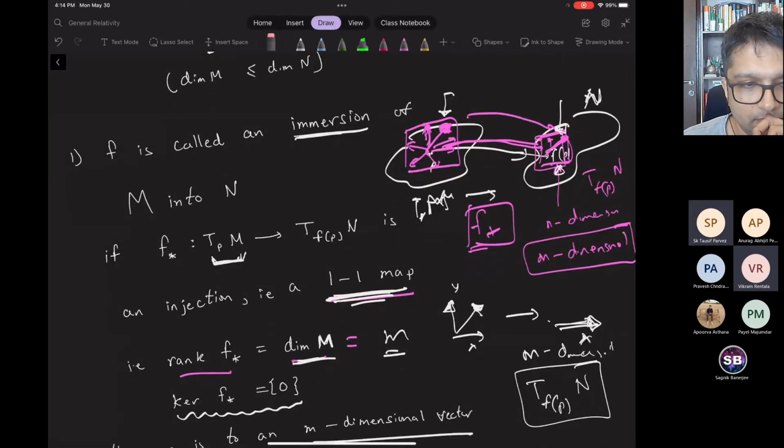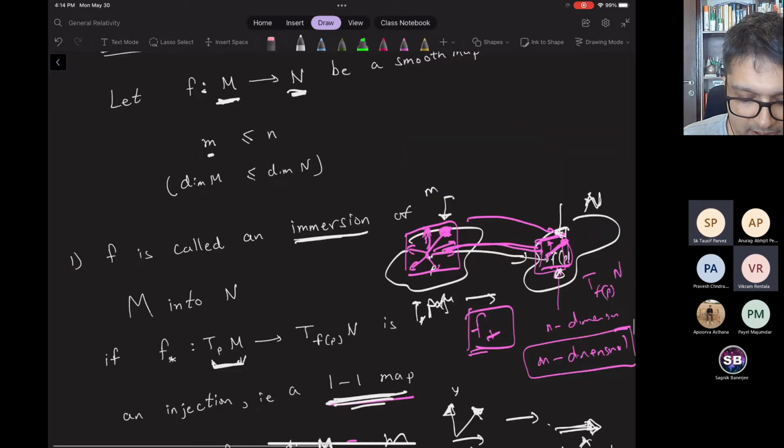My confusion is how is it that f star is such that we are going from one m-dimensional space to another m-dimensional space in N, where N is actually a bigger space. It's like the domain of a function can be smaller than the codomain, right?